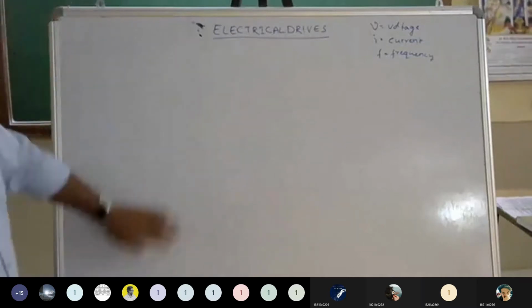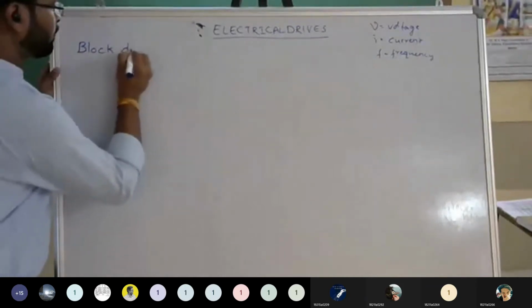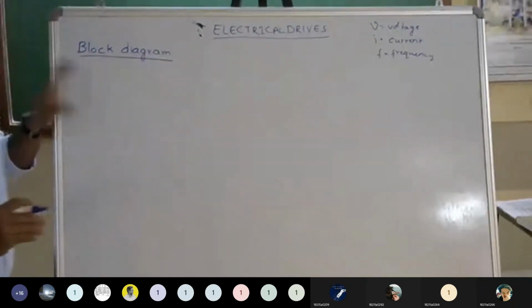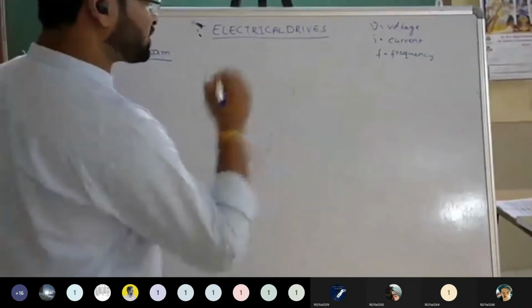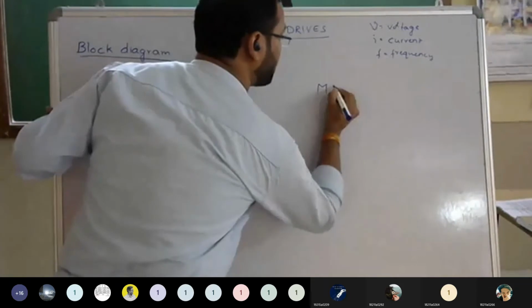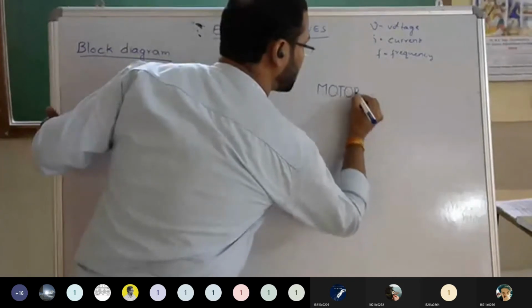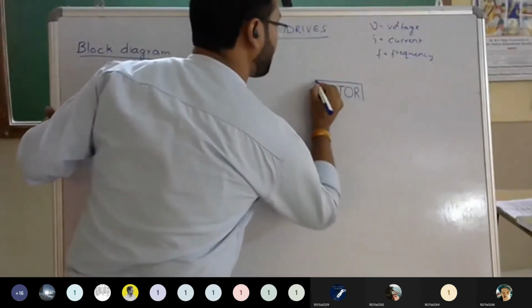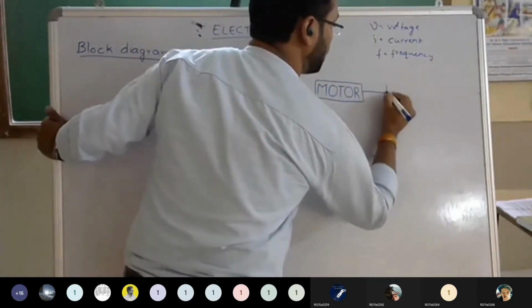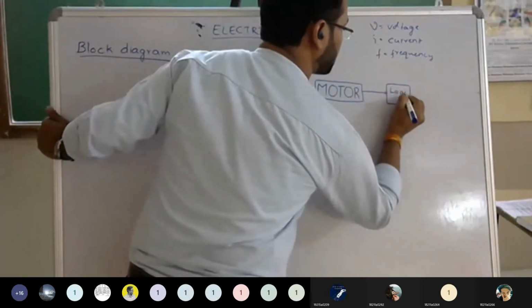Okay. So we are going with the block diagram of electrical drives. Generally, we have seen that the first thing, the main thing, is the motor. So there will be a motor. Okay, clear? What is the use of the motor? It has to drive the load. There will be a load, and this load has to be driven by the motor.